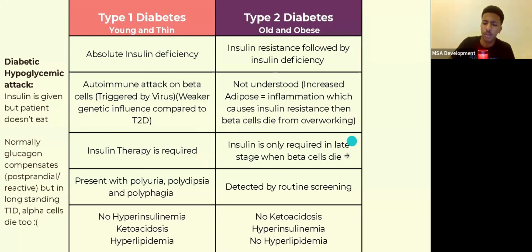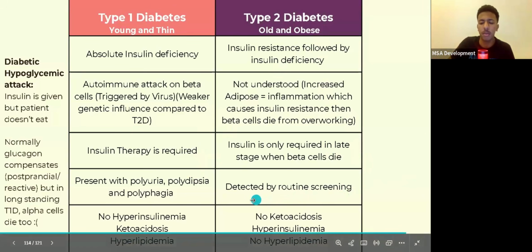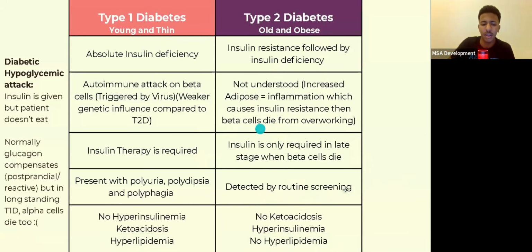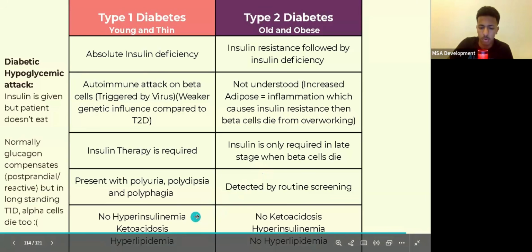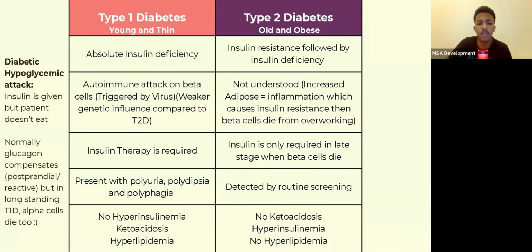And as for type 2 diabetes, it's usually detected by routine screening. However, in extreme cases, when the beta cells die, you can present with some of those, okay? Now, some key factors for type 1 compared to type 2: there is no hyperinsulinemia. You don't have increased insulin. Actually, you don't have any insulin.